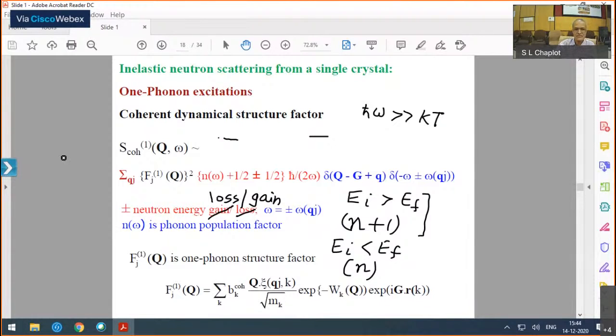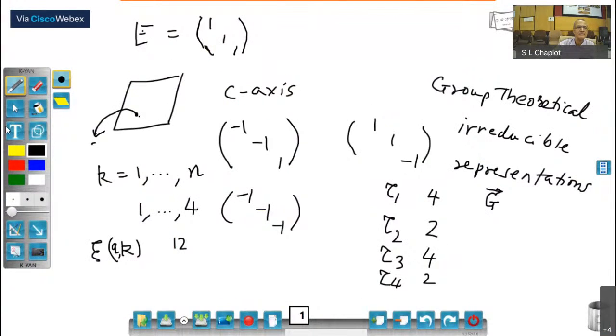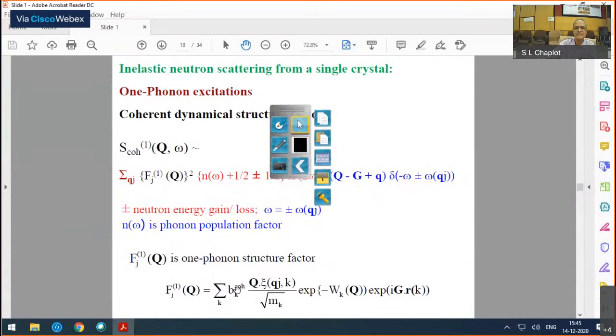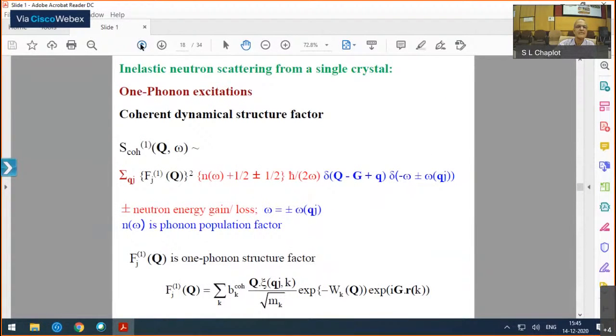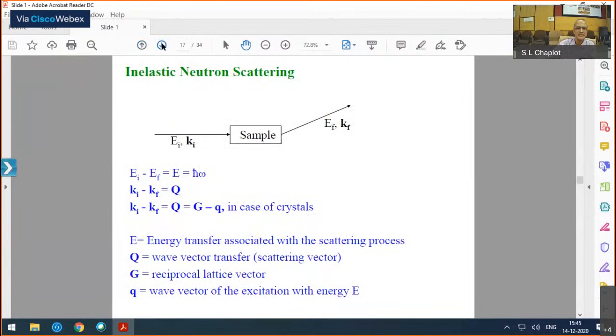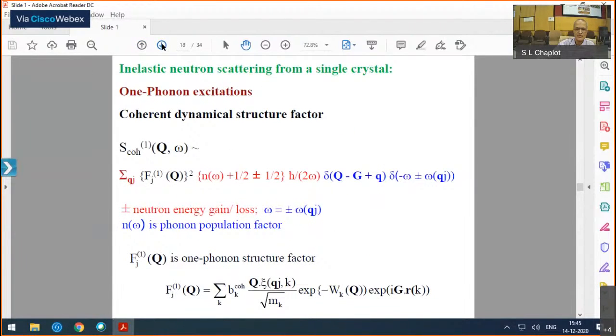The other thing is about the coherent and incoherent scattering.